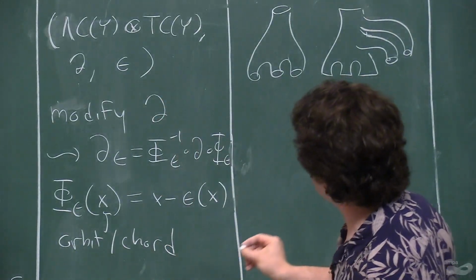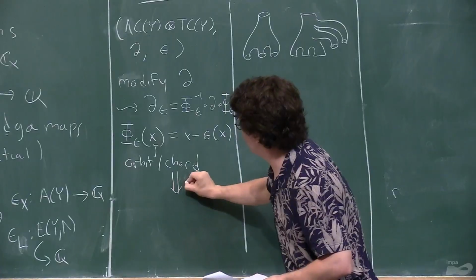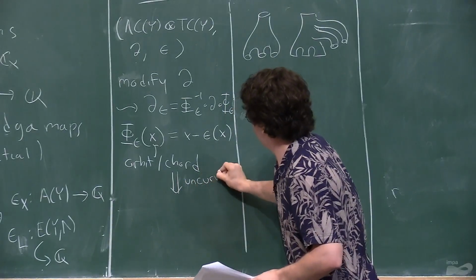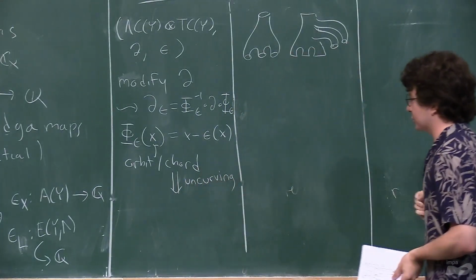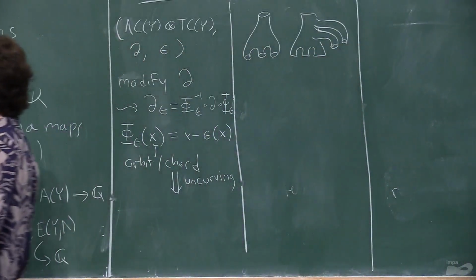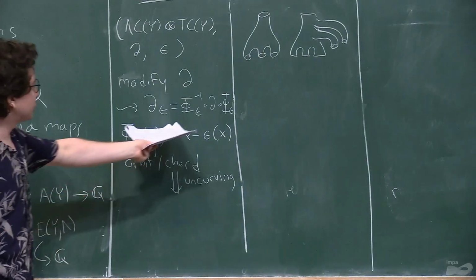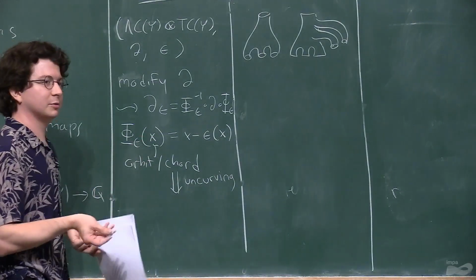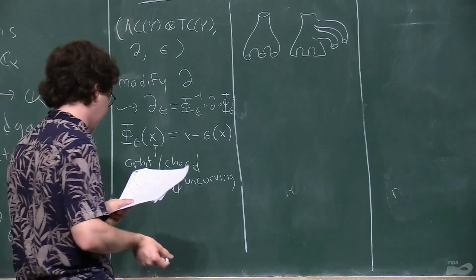Basically the effect of this is that I'm uncurving this algebra. By doing this change of basis, I'm essentially eliminating all the constant terms in the differential of any particular generator.